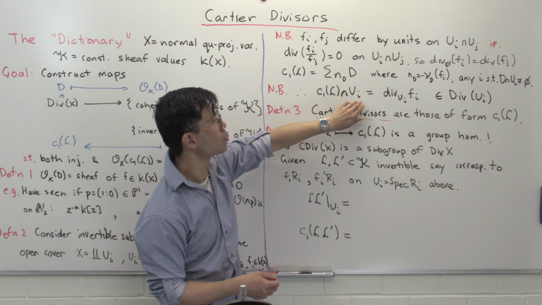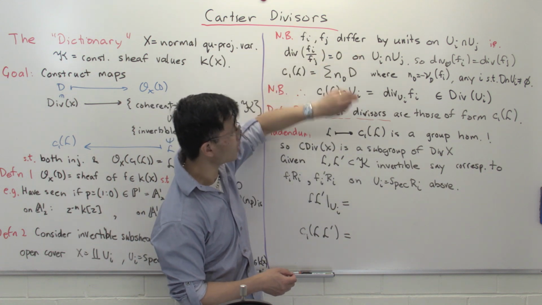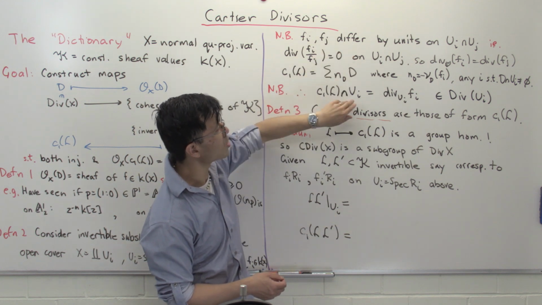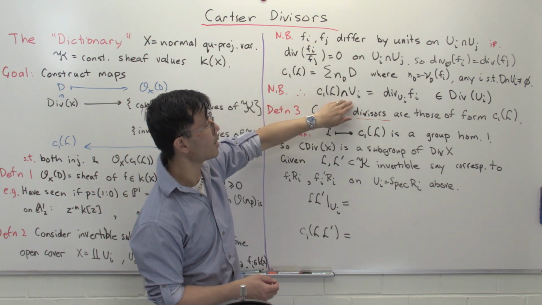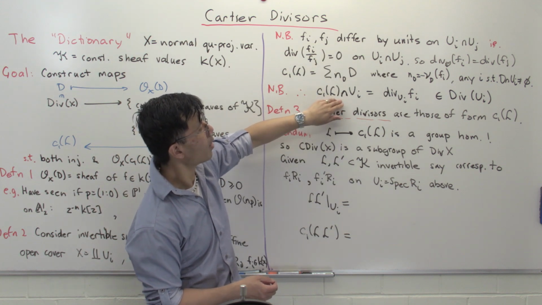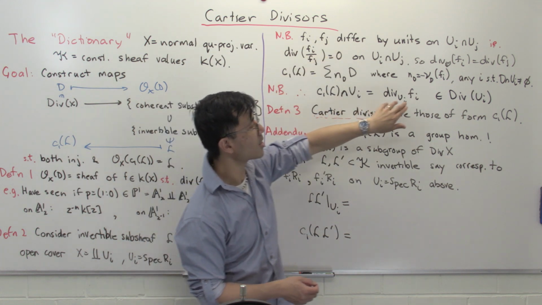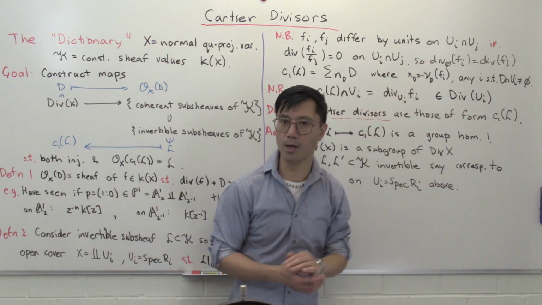Let's suppose you do that. Some of them might not live in Ui, in which case they'll just go to 0, you just forget about them. But others, you replace them with that open set, which is now a divisor on Ui as opposed to a divisor on the original X. And if you do that, what do you get? You'll get these coefficients, and basically that's just a divisor on Ui of this fi, as a divisor on Ui.